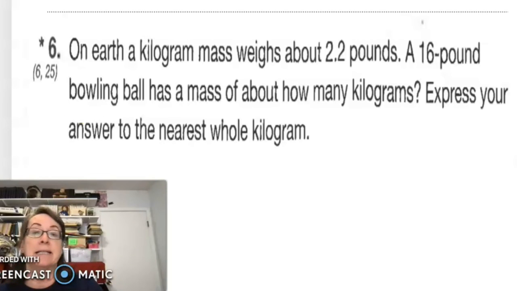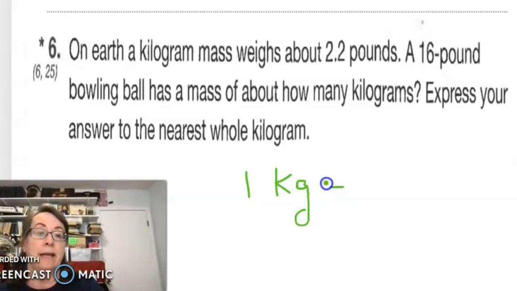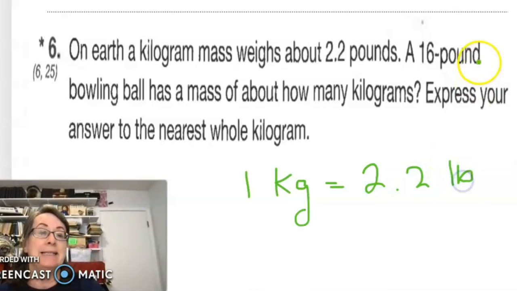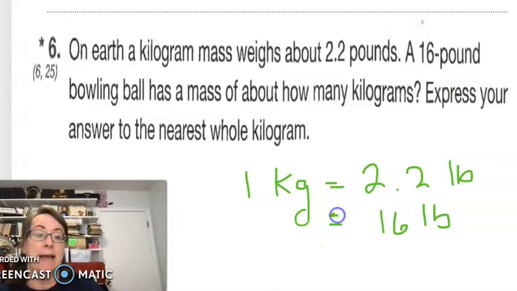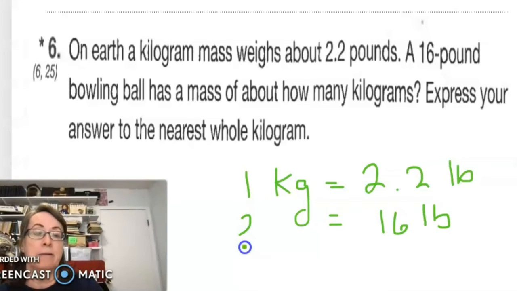So it says the kilogram mass weighs, so 1 kilogram on Earth is 2.2 pounds. Okay, a 16-pound bowling ball has a mass of how many kilograms?